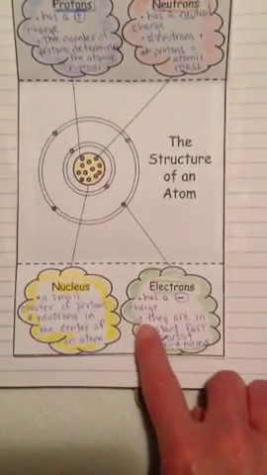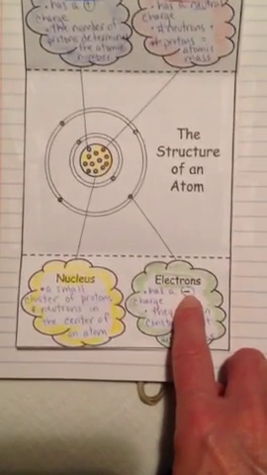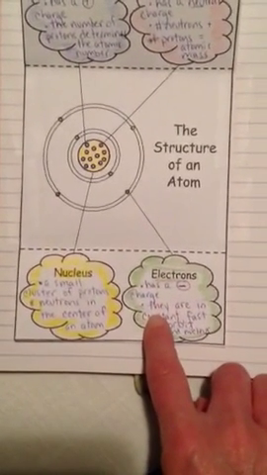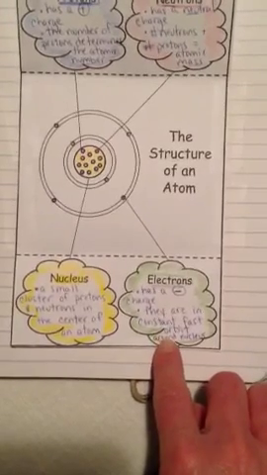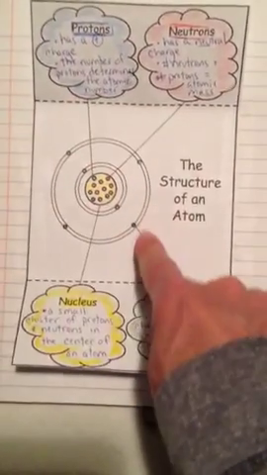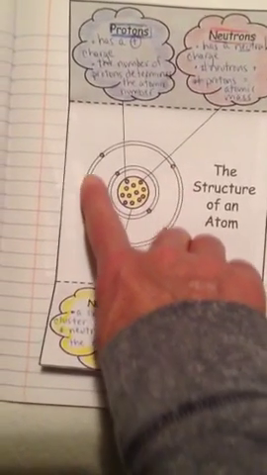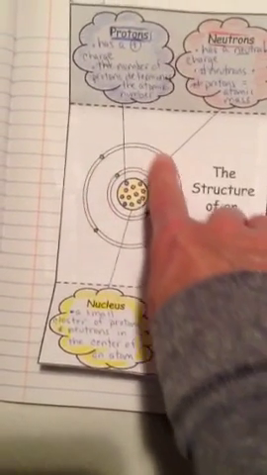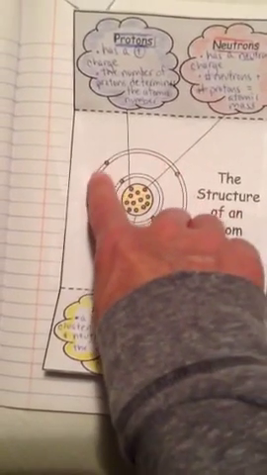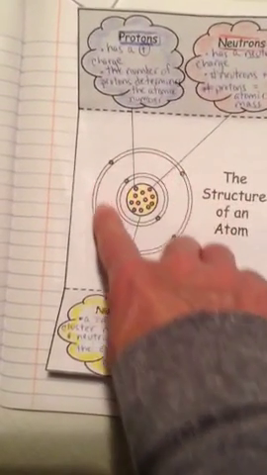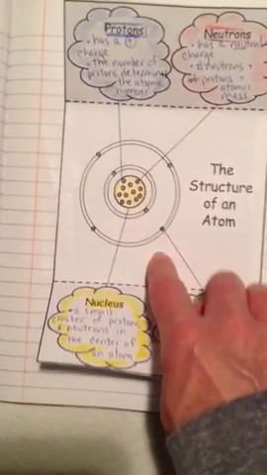Next, the electrons. The electrons have a negative charge. They are in constant fast orbit around the nucleus. So that's green. These little particles here are the electrons that are orbiting the nucleus. Kind of like our planets are orbiting the sun. Very similar, although this is microscopic.